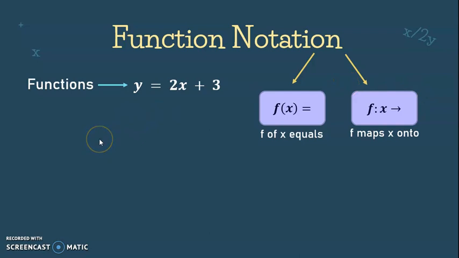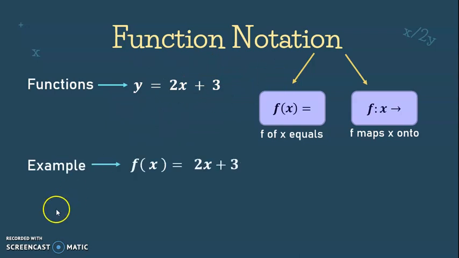Okay, so if a normal function is like this, for function notation it will become f of x is equal to 2x plus 3. Okay, if you notice, these two functions are actually the same, meaning to say that y is equal to f of x.